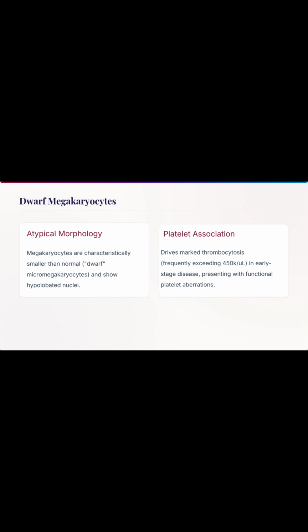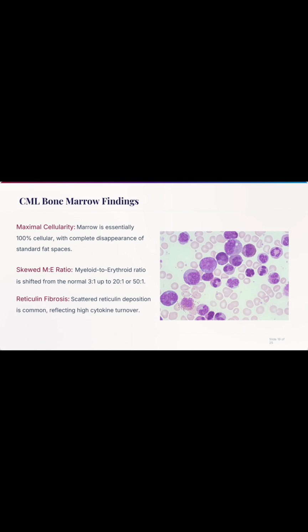Platelet association drives marked thrombocytosis, frequently exceeding 450 K per microliter in early stage disease, presenting with functional platelet aberrations.